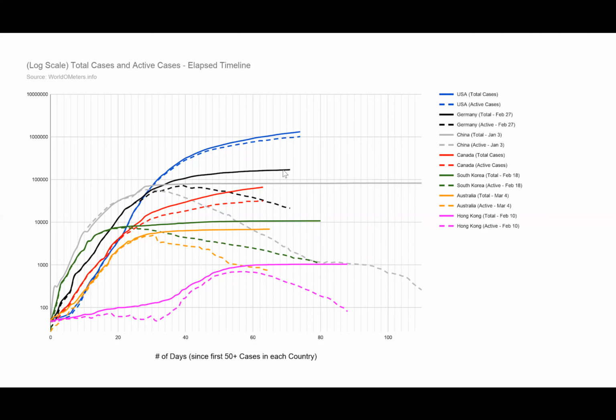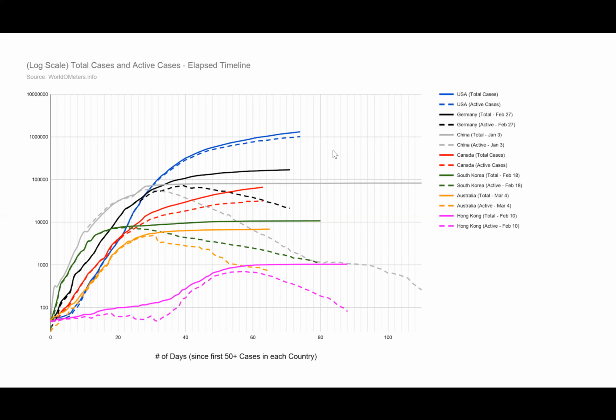They flattened the curve kind of around the 30-day mark. They started to flatten the curve around 30 to 40 days. Yes. And then the country kind of went into recovery mode. Yeah. And same with Australia in orange, and Hong Kong in pink, and South Korea in green.